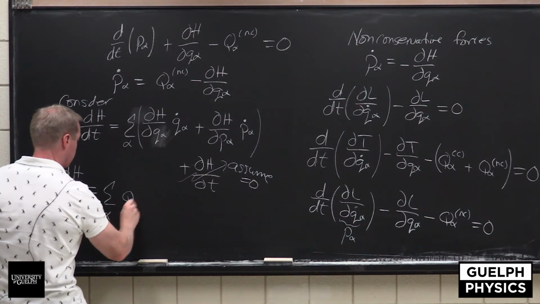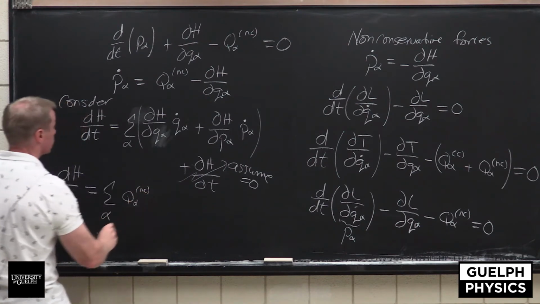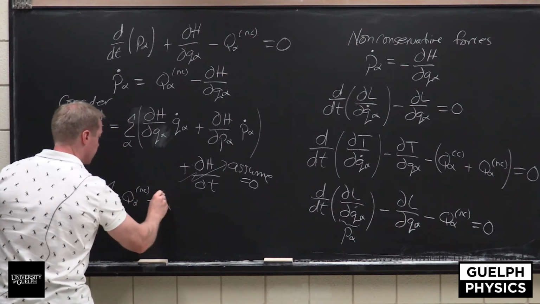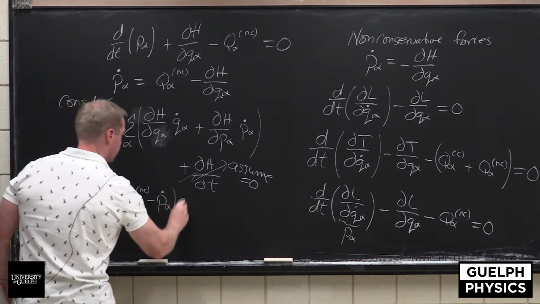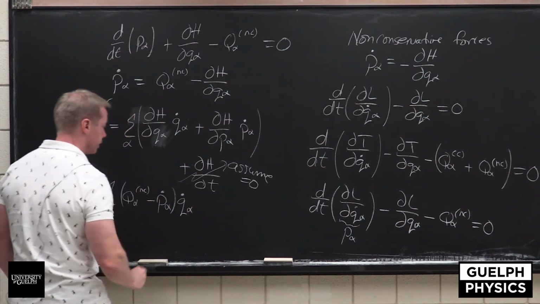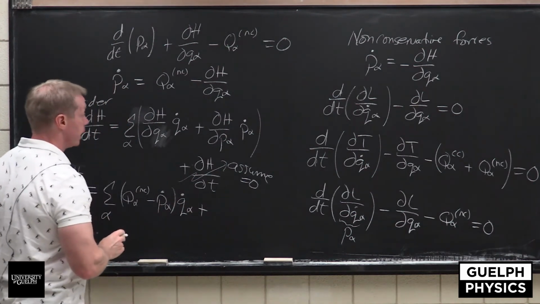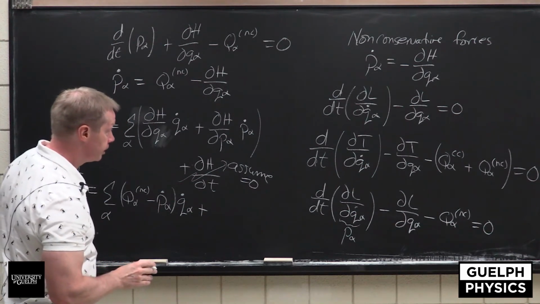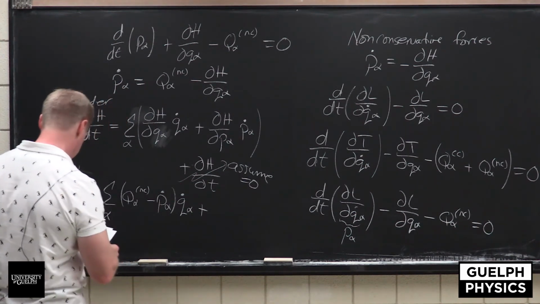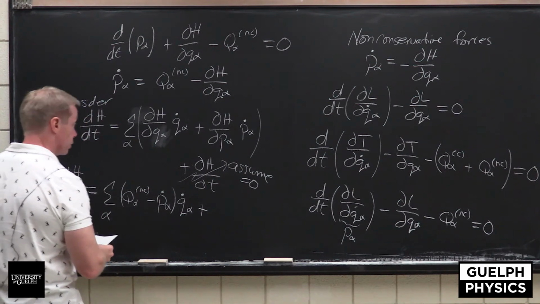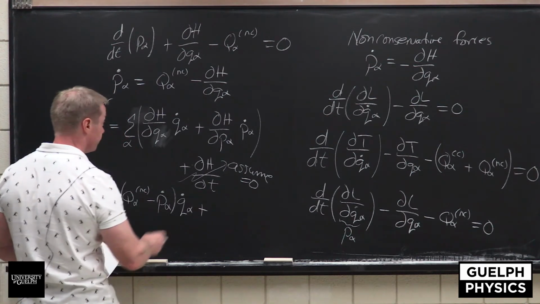So that's Q alpha non-conservative minus P alpha dot, times Q alpha dot, plus ∂H/∂P alpha, and that's the equation that I was missing.